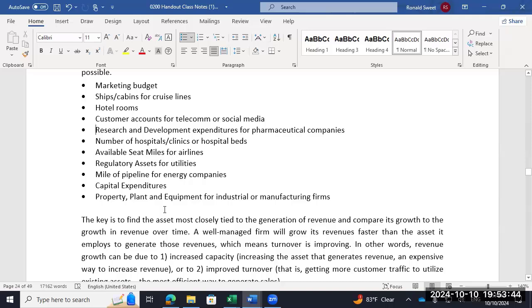R&D, hospital beds, available seat miles for airlines, regulatory assets for utilities. A regulatory asset is the asset their regulators allow them to price off of. And that's a key ratio. Revenue to regulatory asset is a key ratio for them. If you have a pipeline company, it's going to be how many miles of pipeline you have.